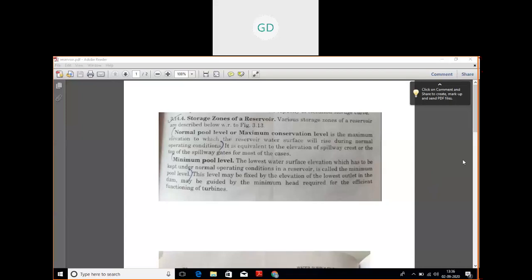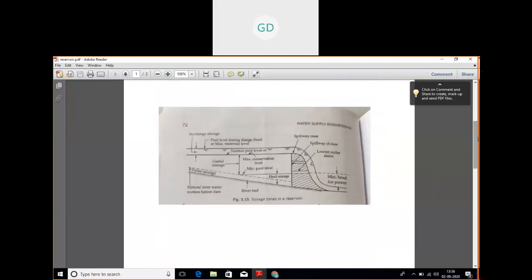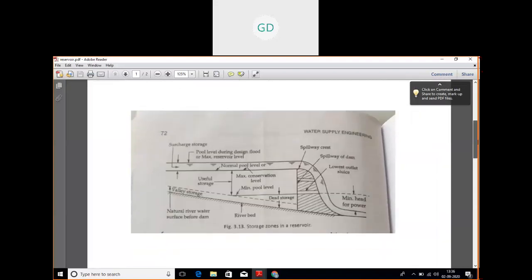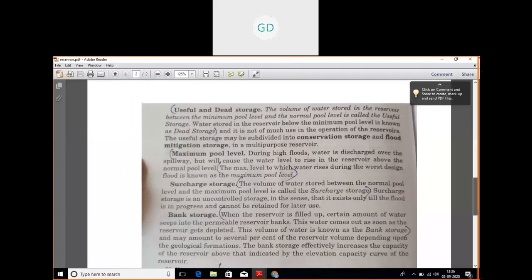Done. Okay, next. Yes, you take the snapshot of this diagram. Take. Next, take this.